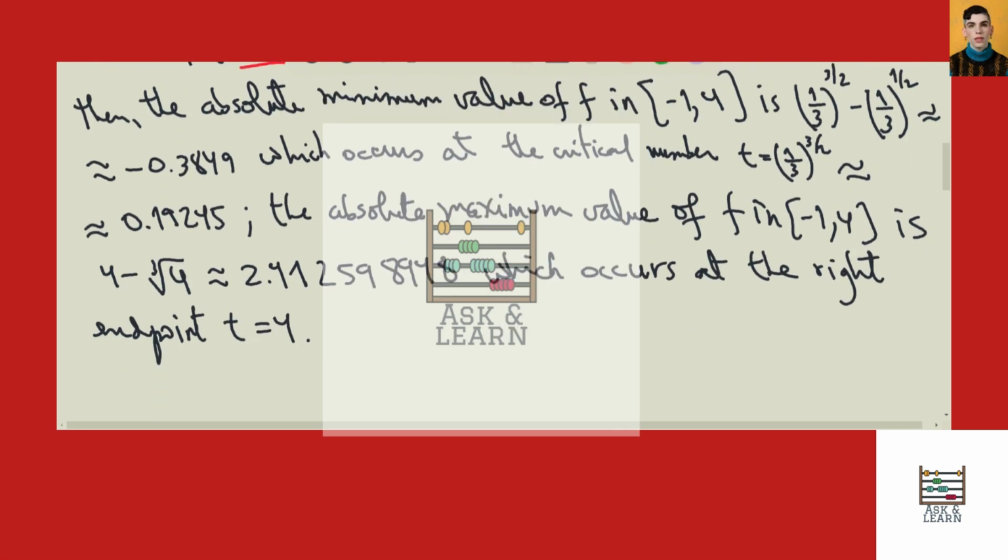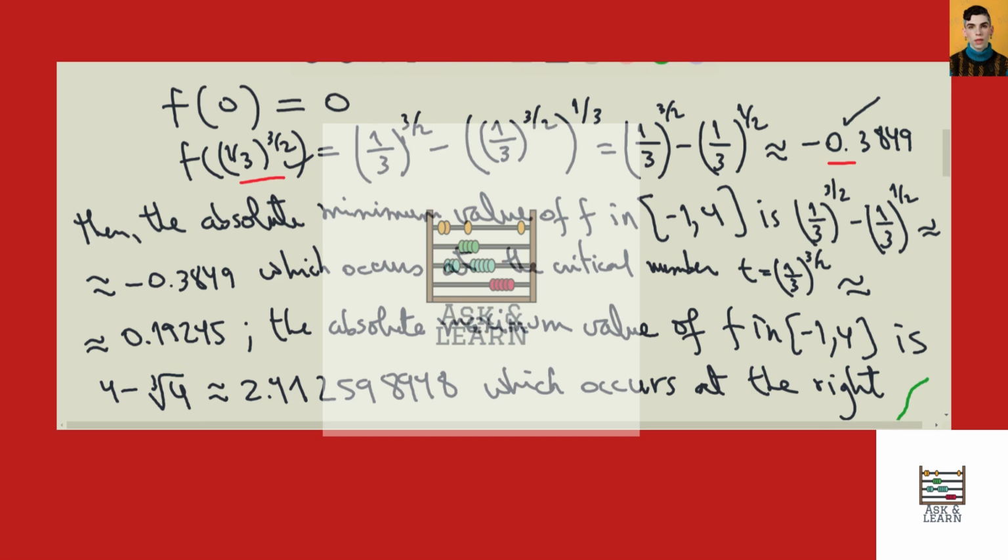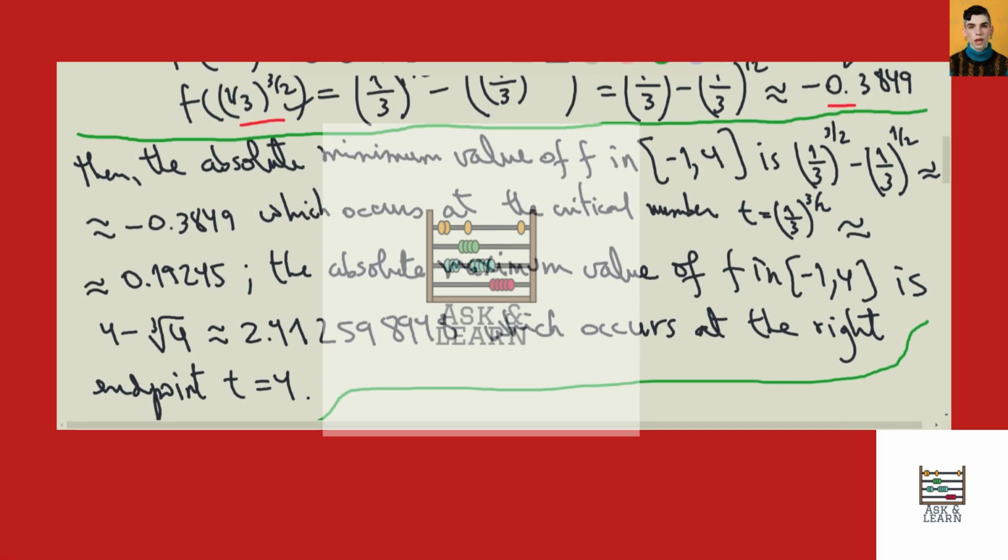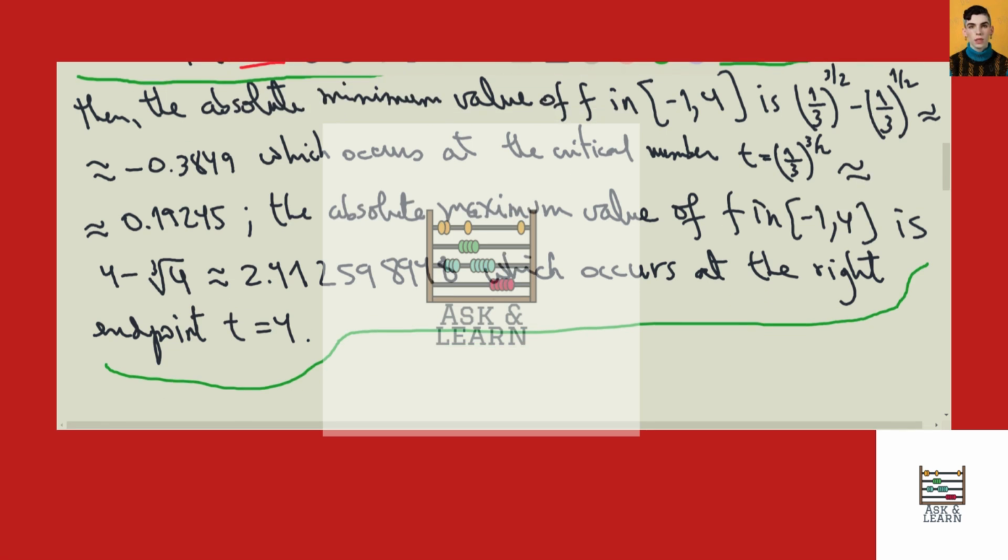So the final answer, which is this sentence here, says that we have an absolute minimum value of the function of 1/3 to the 3 halves minus 1/3 to the 1 half, and that's about negative 0.3849, and that occurs at the critical number 1/3 to the 3 halves, which is about 0.19245, and the absolute maximum value of f in the closed interval is 4 minus cubic root of 4, which is about 2.412594848, and that occurs at the right endpoint of the interval, t equals 4.